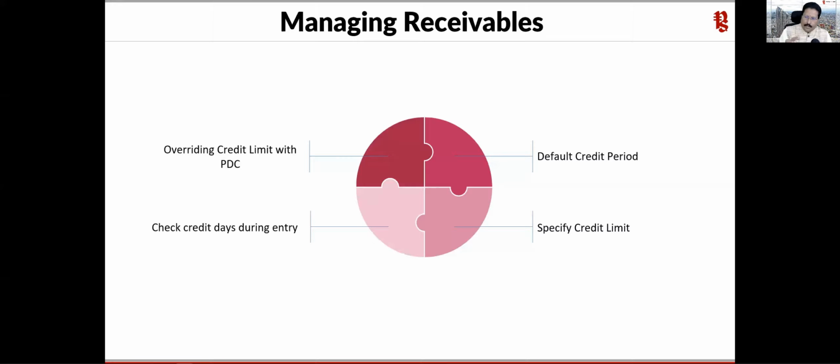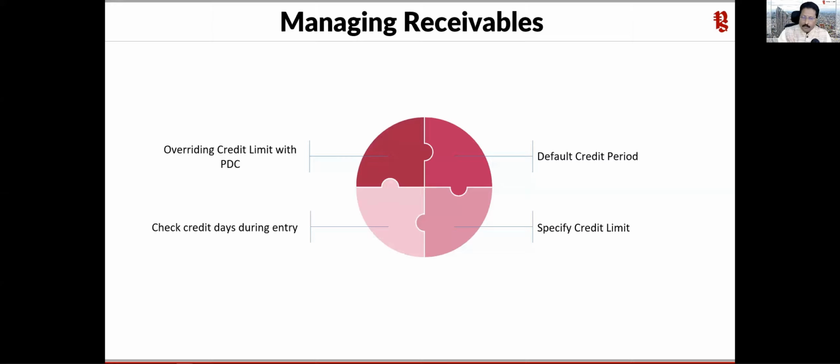With 1.5 lakh rupees already outstanding, when you raise this invoice based on the credit limit you specified, Tally is going to stop you. It will not allow you to raise this invoice.